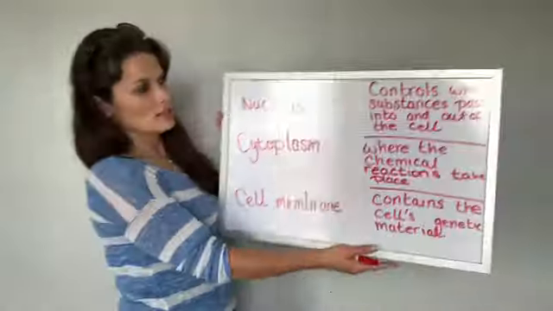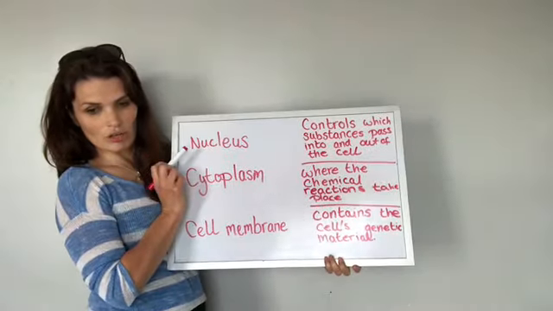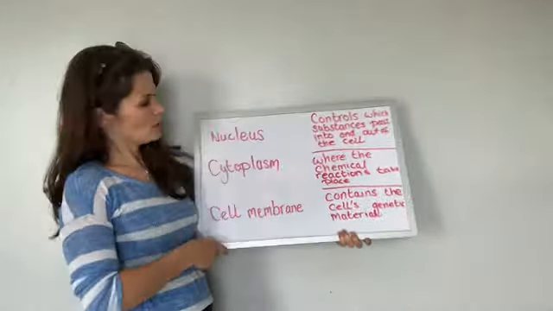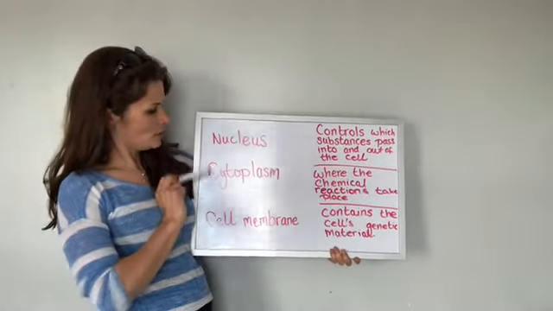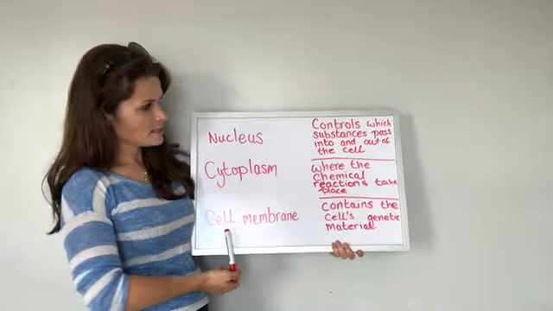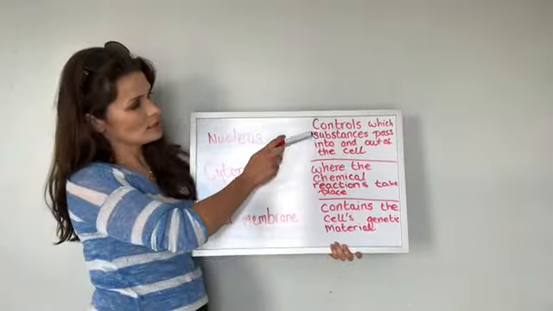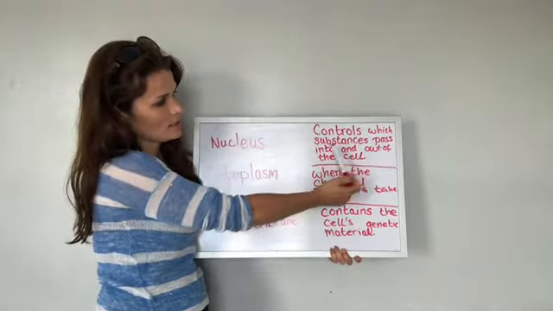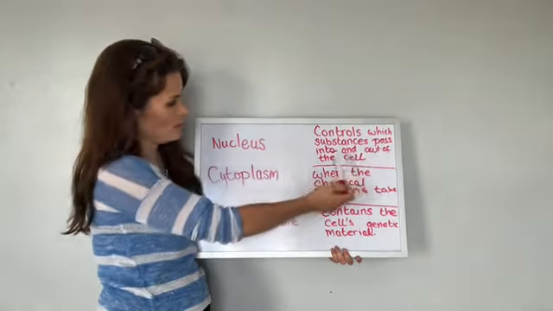Okay. Question number 3, I asked you to match each part of the cell to the correct function. Okay, so on this side we have nucleus, cytoplasm, cell membrane, and on this side we have controls which substances pass into and out of the cell.